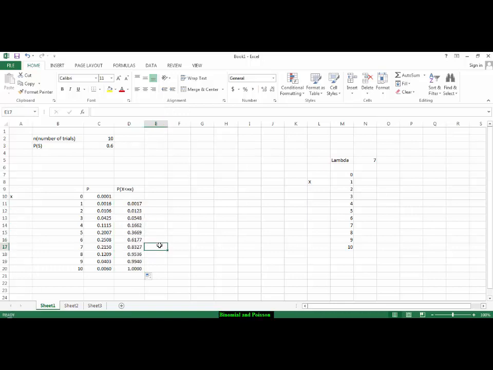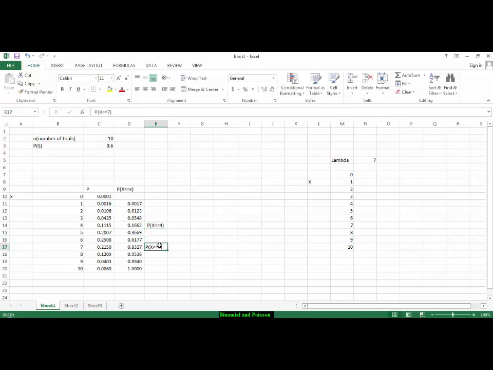So here, for example, this number shows the probability of x being less than or equal to 7. And this number, for example, will show the probability of x being less than or equal to 4.